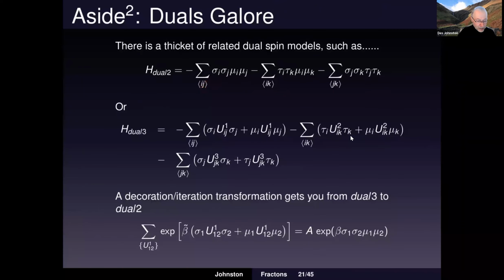So this pair of spins only interacts along, say, the x direction, this pair along the y direction, this pair along the z direction. You can use a decoration iteration transition relation to stick a spin on the links between these and split them up like this. So there are various different ways of writing this dual, and they all display this degeneracy of the low temperature phase where you can flip these planes of spins.